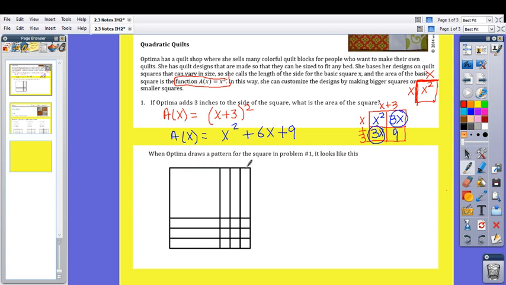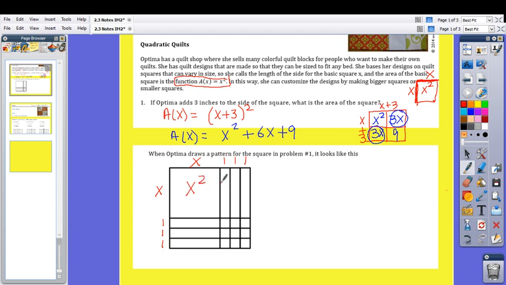So this side is x. Instead of writing it combined as 3, she's splitting it up as 1, 1, and 1. On this side also she has x, and instead of plus 3, she is adding 1, 1, and 1. And then she's figuring out the area, so this will become x squared.